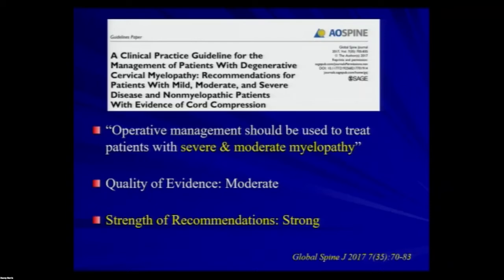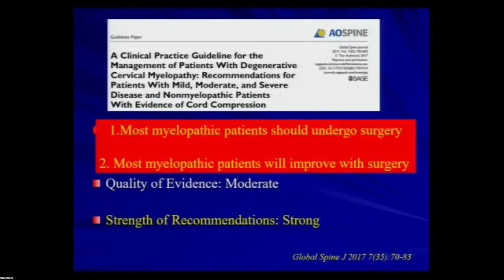And the review of the literature and the agreement of the experts in the field led to quality of evidence that was really pretty good, and the strength of the recommendation was good, and the result was that most patients with advanced myelopathy should be treated surgically.